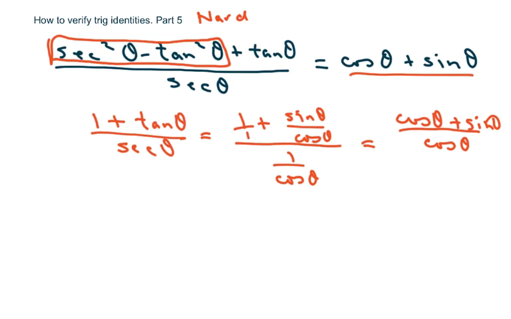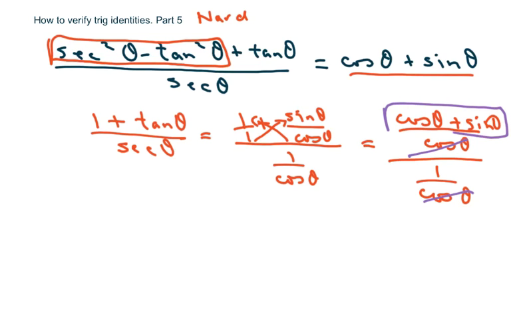Just remember you're just kind of crossing up here over 1 over cosine of theta. Now what happens is you can cancel those out, and you're just left with this over 1, which is our desired result. So basically, it's pretty easy, except you needed to know your Pythagorean identity in this first part.